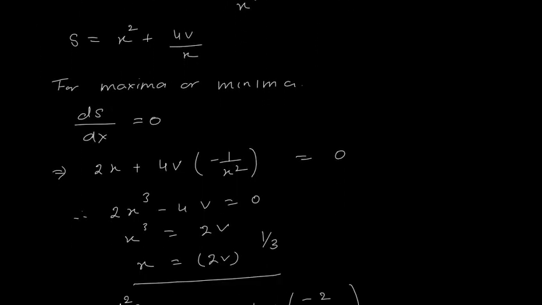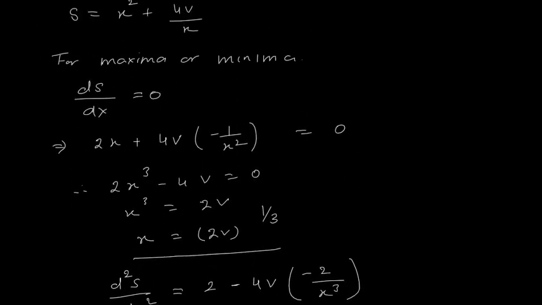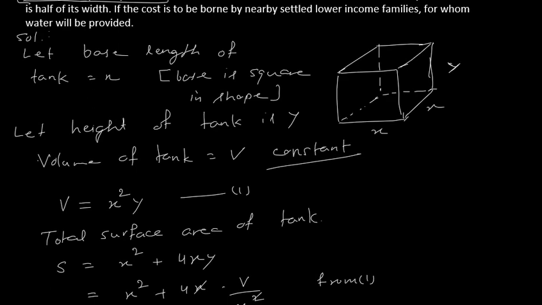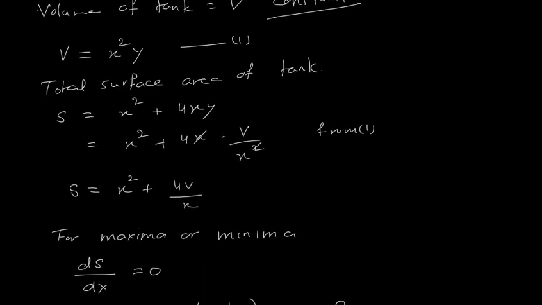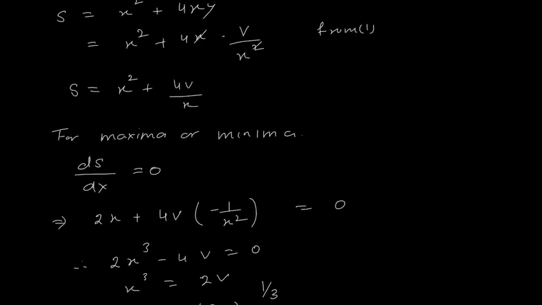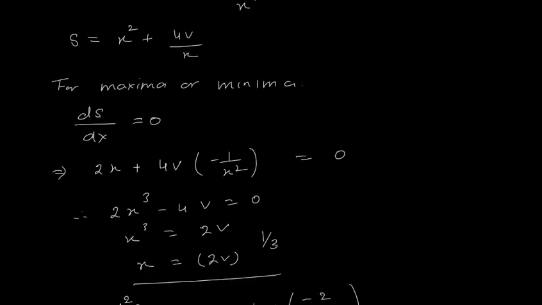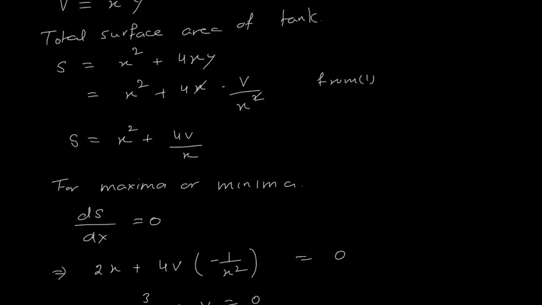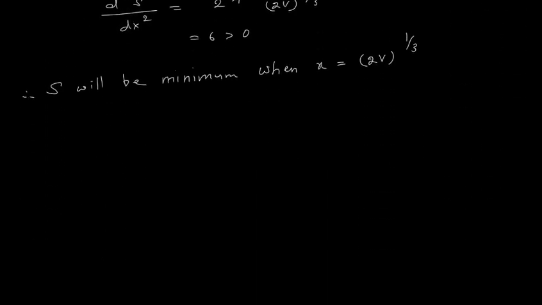We have the value of y as v upon x square, and S will be minimum when x is equal to (2v) power 1 upon 3.